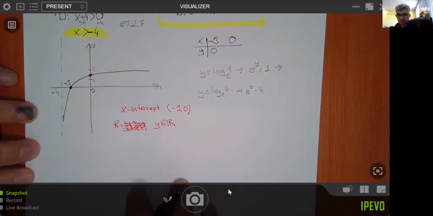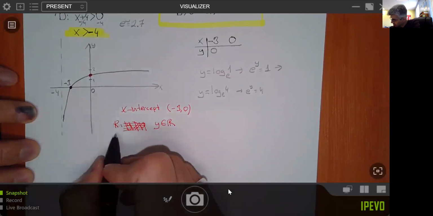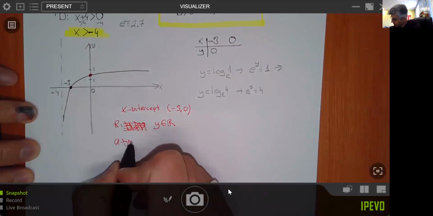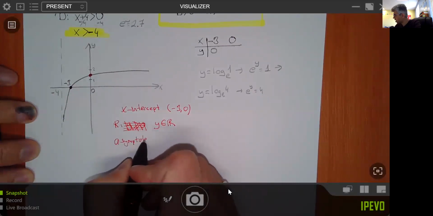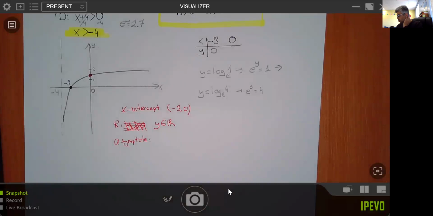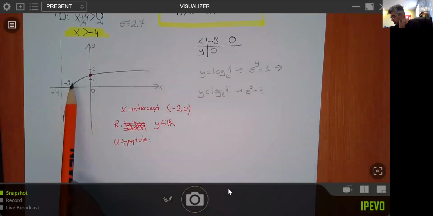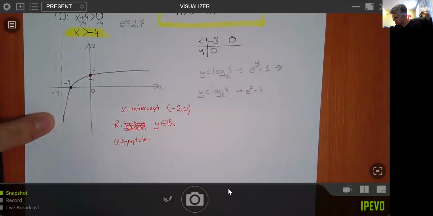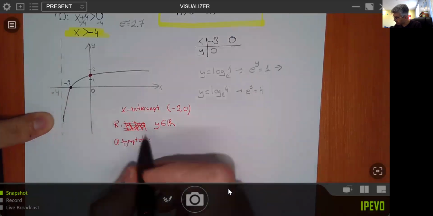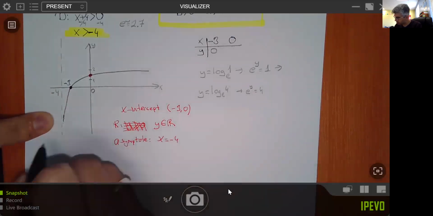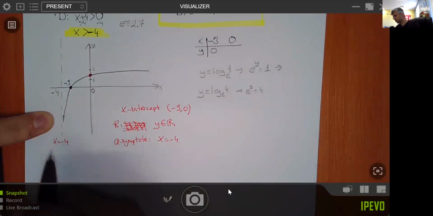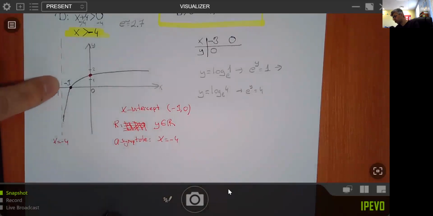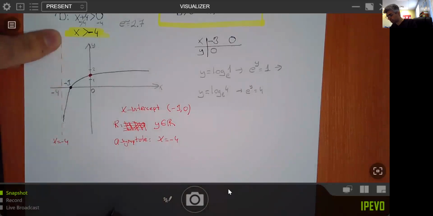And what else? Asymptote. What was the asymptote? Asymptote is a line where the function approaches but never touches. It's this line, right, guys? And this line is x equal to -4. On this line there are many points.